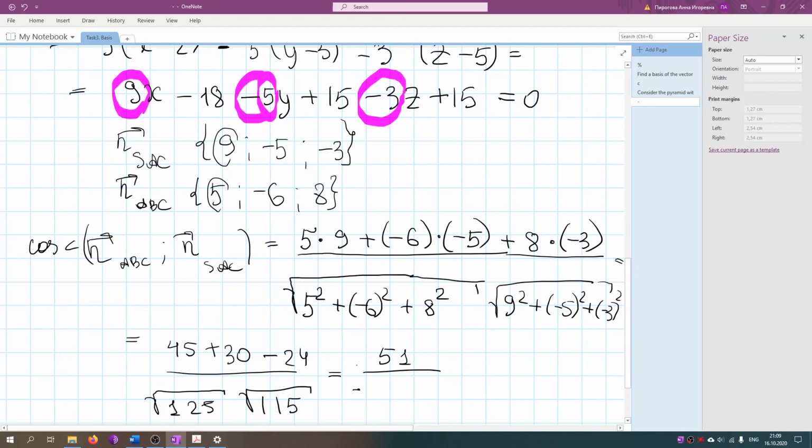Actually, if we simplify it and multiply it by the square root of 115, we will get this answer.